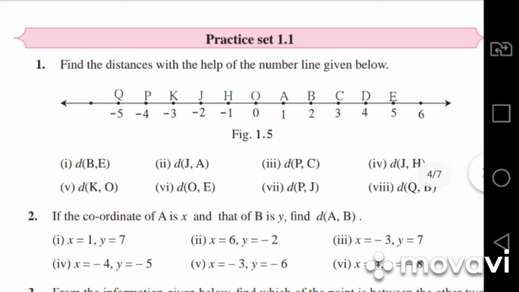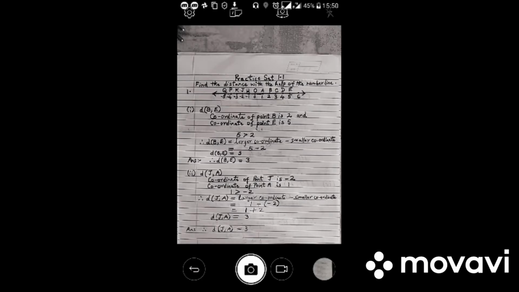Now let us start with practice set 1.1. Now question number 1. Find the distance with the help of the number line. Now we can see on the number line some points are given. Now we have to find distance BE.